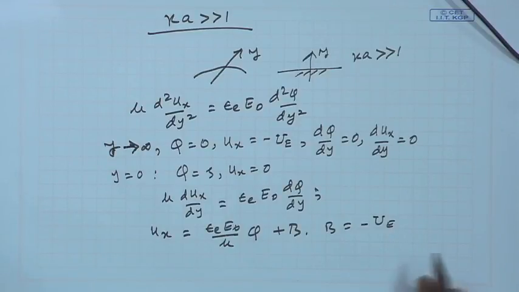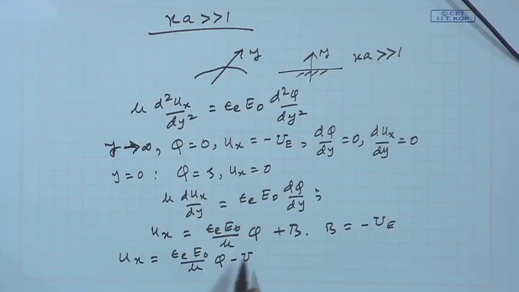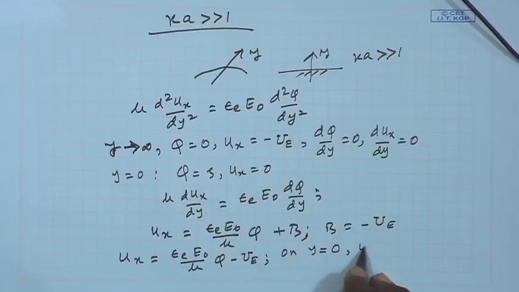So, that means we get ux equal to epsilon e0 by mu phi minus ue, by the infinity condition. Now, on the particle surface, at y equal to 0, we are measuring this y from the surface, we have ux is 0 and phi equal to zeta.